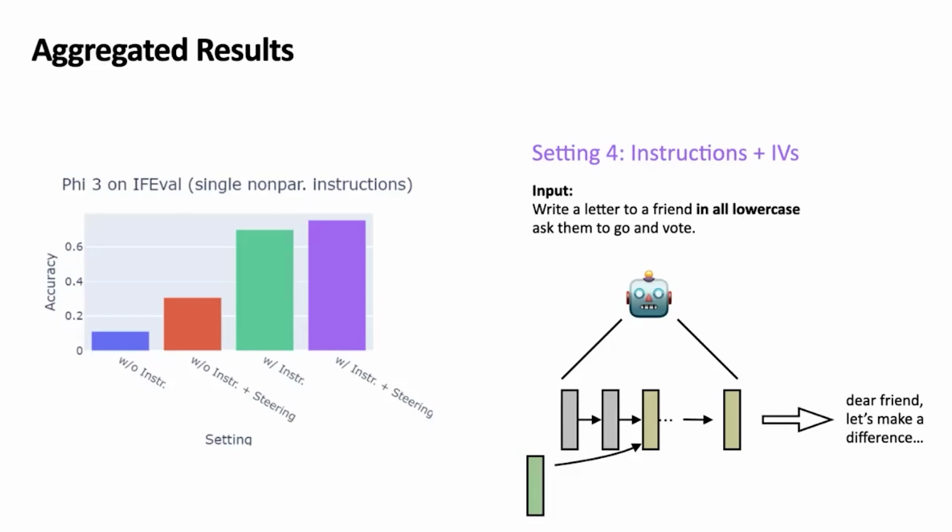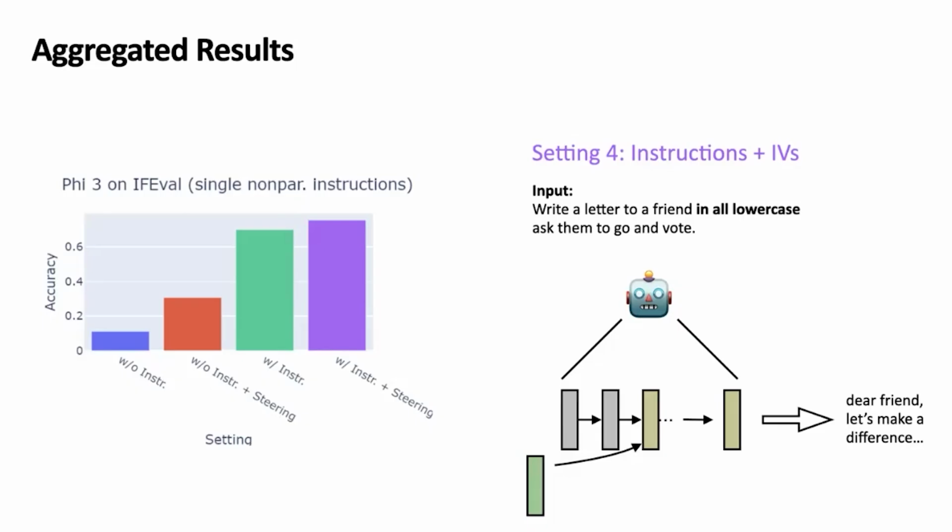In the paper, we have carried out other experiments with Gemma and Mistral. This happens roughly 30-35% of the time. And by performing steering, one can basically correct some of these failures.